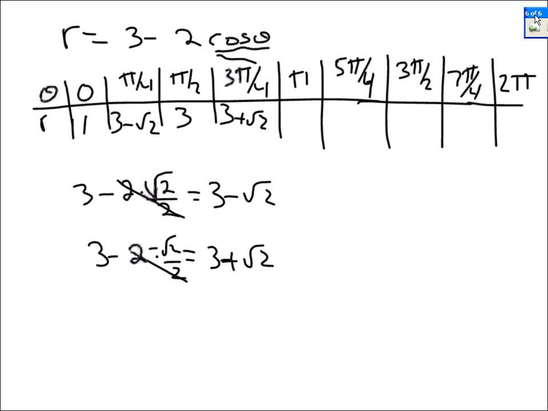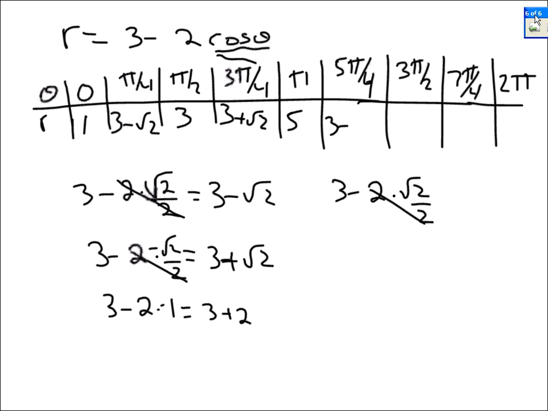The cosine of pi is negative 1. So you get 3 minus 2 times negative 1, so you end up with 3 plus 2, or 5. Then 3 minus 2 times the cosine of 5 pi over 4, which is negative square root of 2 over 2.